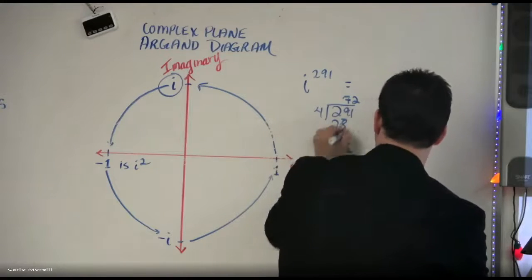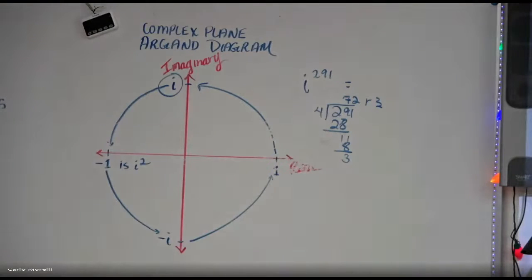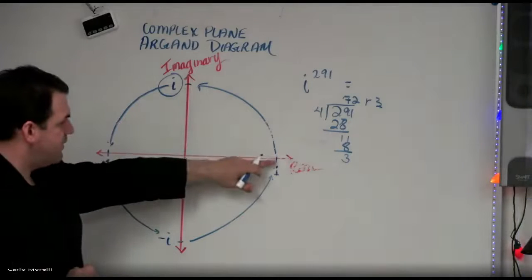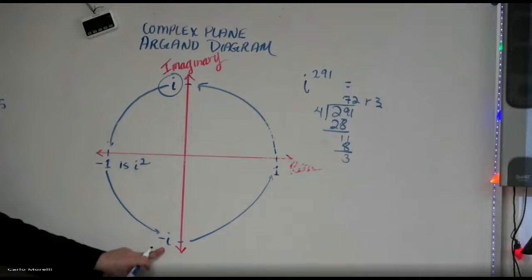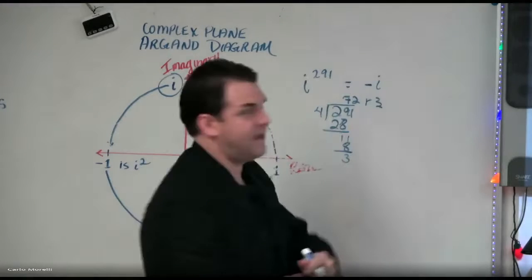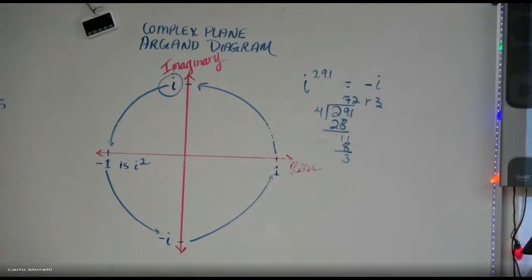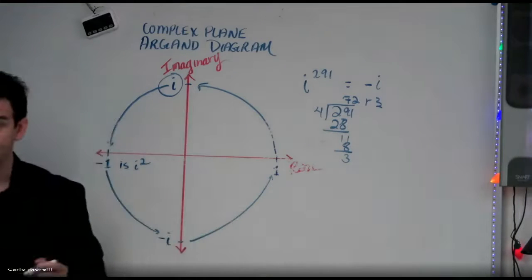So there's 3. So it's 72 remainder 3. 72 full rotations. Then I just have to do this. 1, 2, 3. So i to the 291st power is negative i. Is this easy? This is such a trick, right? And the amazing thing is it works.